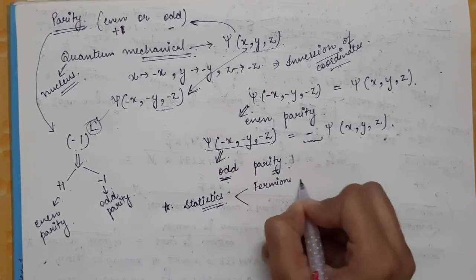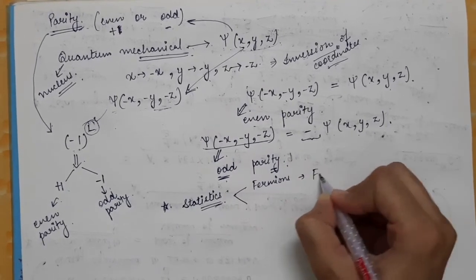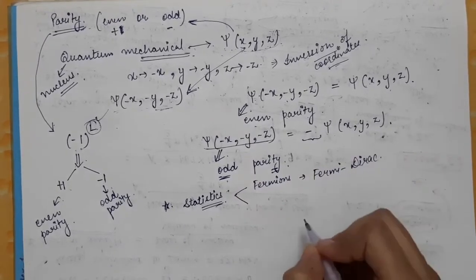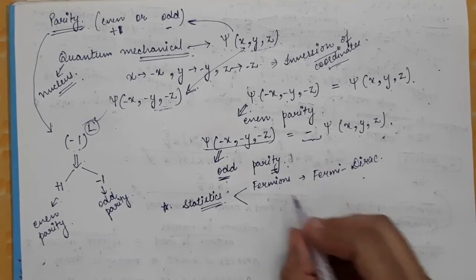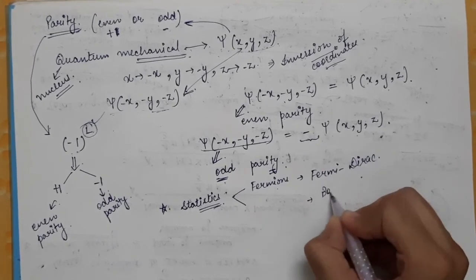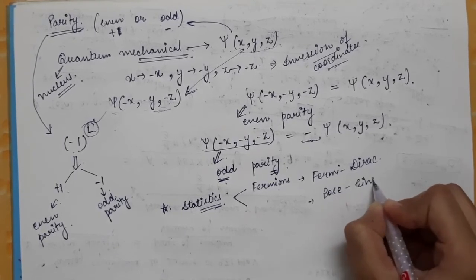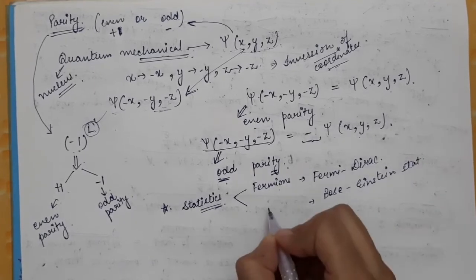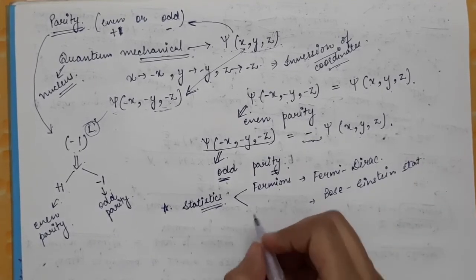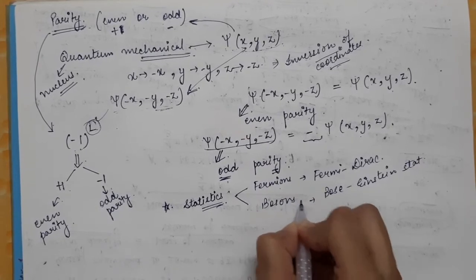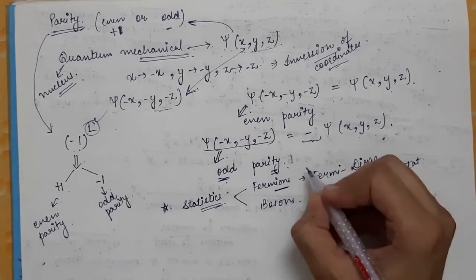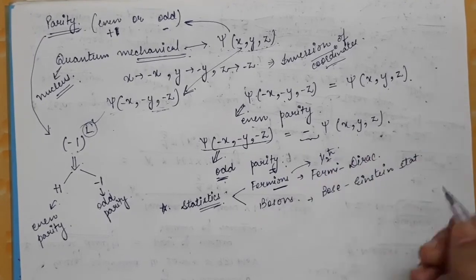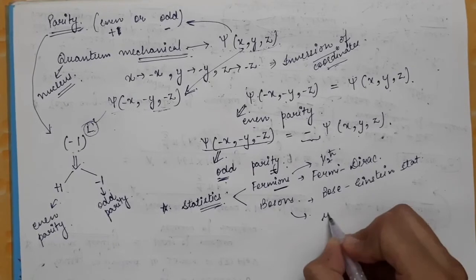First is the Fermi-Dirac statistics, which is followed by fermions, and the other is the Bose-Einstein statistics, which is followed by the particles called bosons. The fermions have half integral spin, that is multiples of half h cut, and the bosons have integral spin.